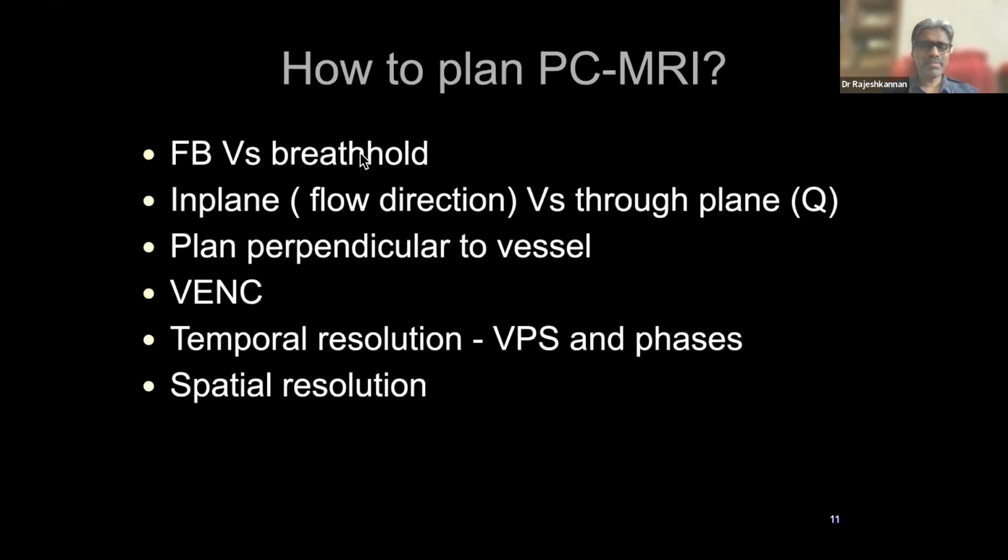So when you are doing a breath hold, whether during inspiration or expiration, the physiology is completely altered, and it won't represent the correct blood flow. So in complex congenital heart disease, it's always recommended to do it with free breathing. Whereas for conventional MR imaging, if you just want to confirm the blood flow in the ascending aorta or in the pulmonary artery, breath hold sequences are more than sufficient.